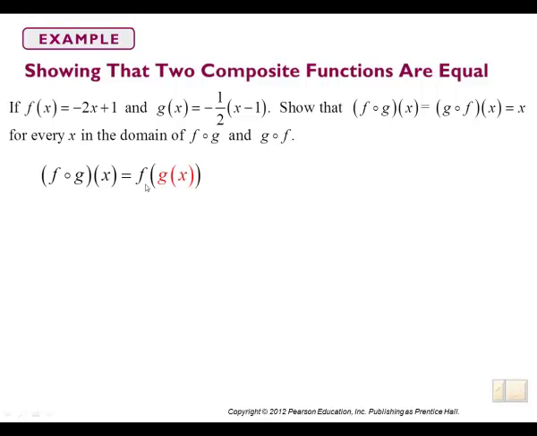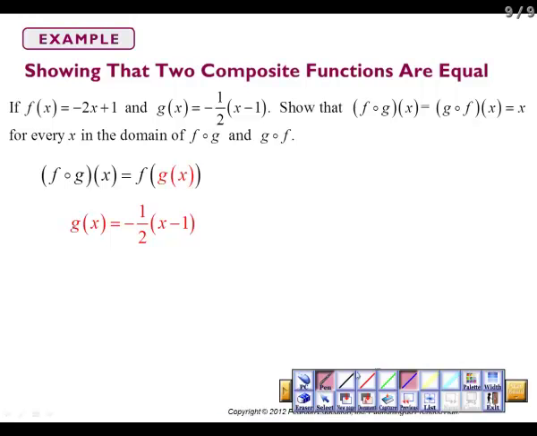So we're going to start with f of g of x. It's like we're cutting that x out of the f of x, and we're going to put the g of x in there. Here's f of x equals negative 2x plus 1, and we're going to cut that x out, and all we're going to have there is parentheses.